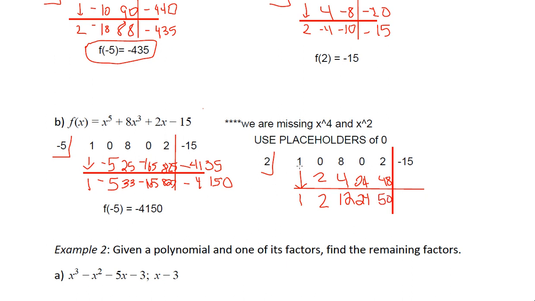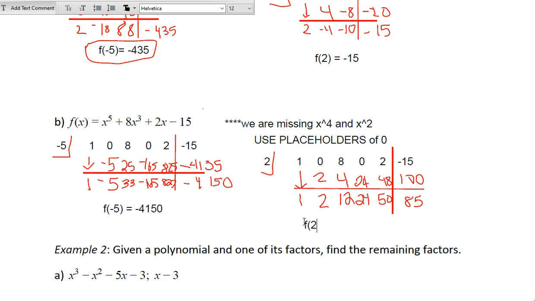When we add, 2 times 50 is 100. 100 minus 15 is 85. So there we go, my remainder, f of 2 equals 85. That's my answer down there.